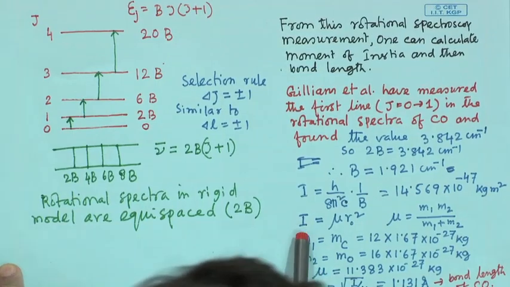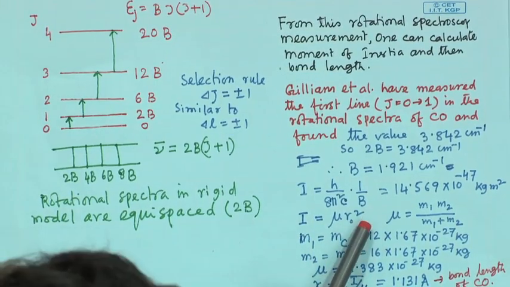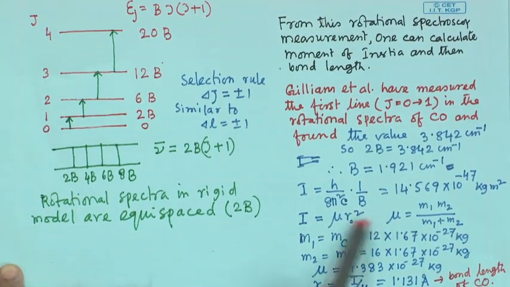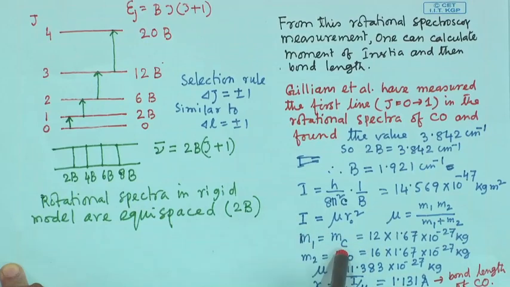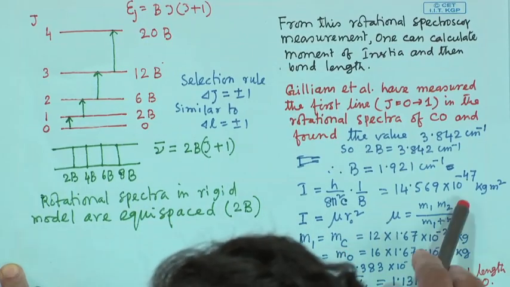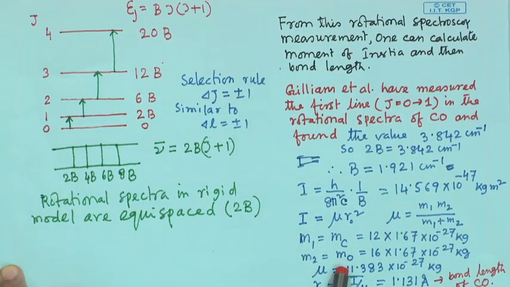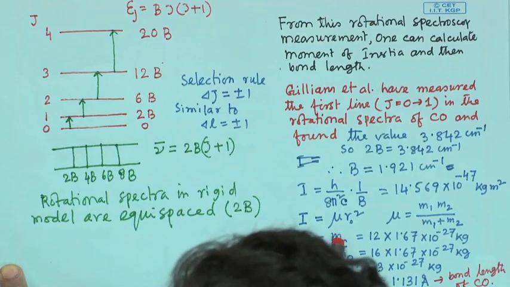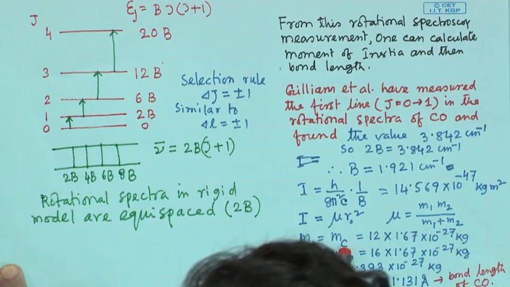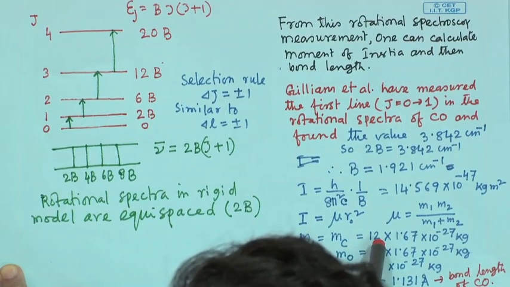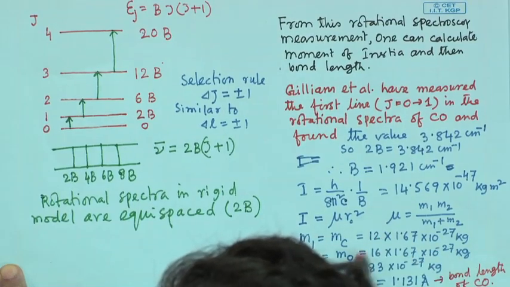So moment of inertia I equal to mu r0 square, and mu equal to m1 m2 by m1 plus m2. If m1 is the mass of carbon, then m2 is the mass of oxygen. The mass number is 12 for carbon and 16 for oxygen.